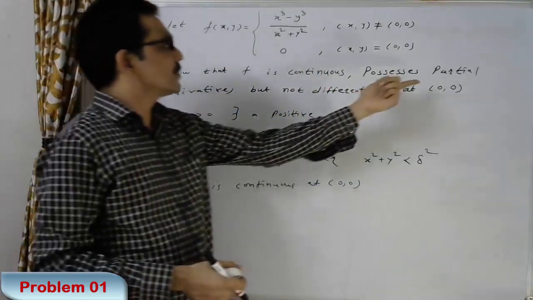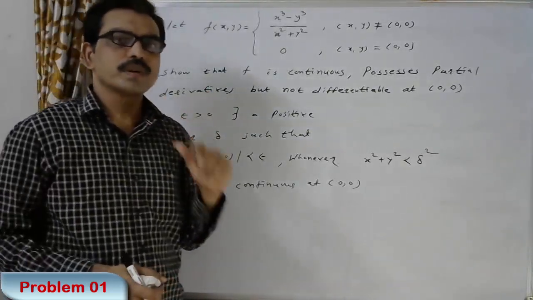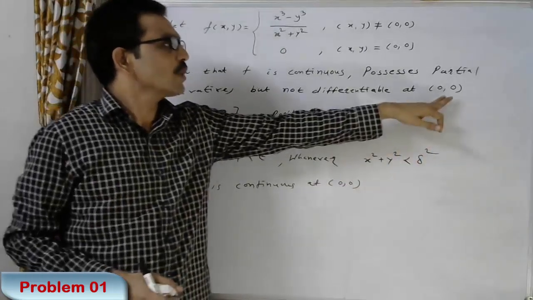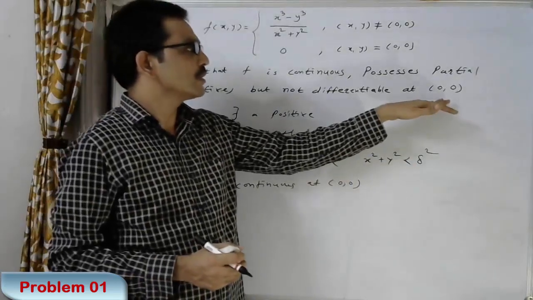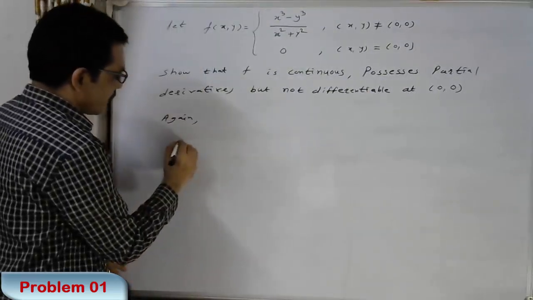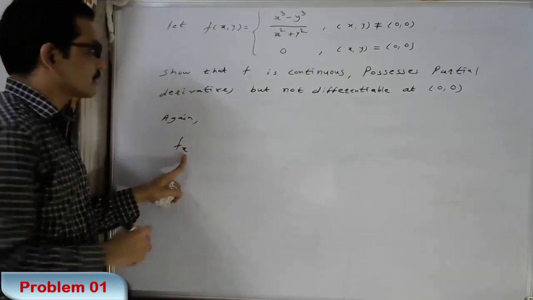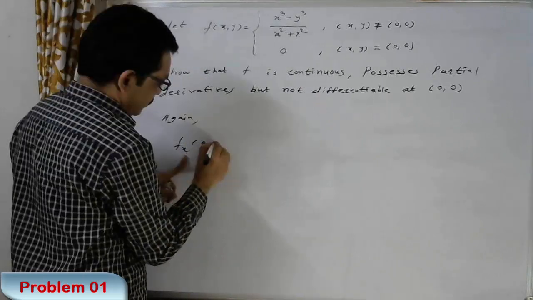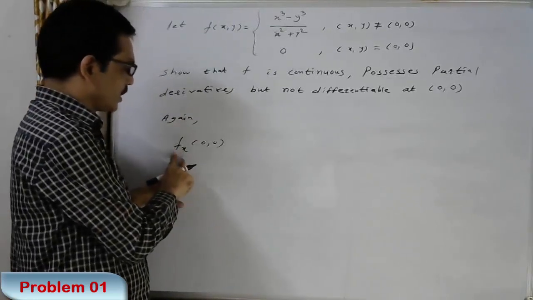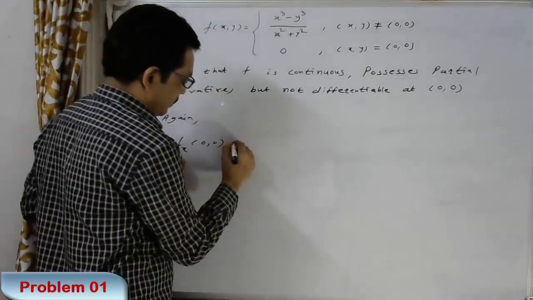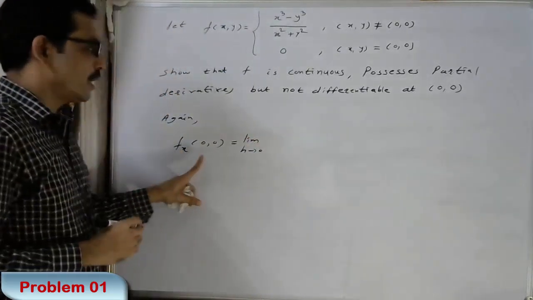Now second, the function possesses the partial derivatives. That is, the partial derivative of the function f with respect to x at the point (0,0) and the partial derivative of the function f with respect to y at the point (0,0). Now let us find the partial derivative of f with respect to x at the point (0,0). By the definition, it is equal to the limit as h tends to 0 of f(a plus h, b) minus f(a,b), divided by h.